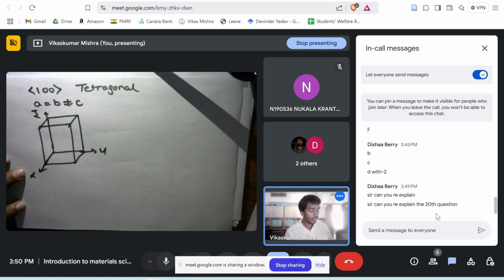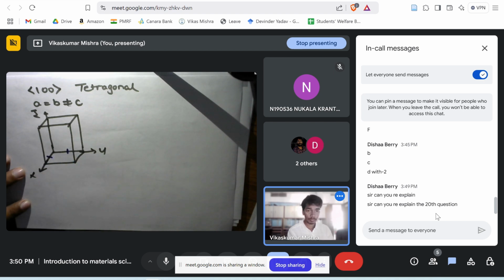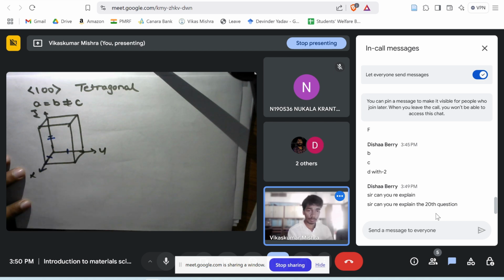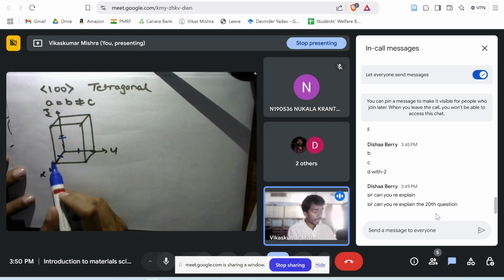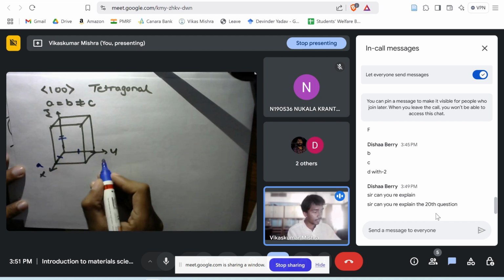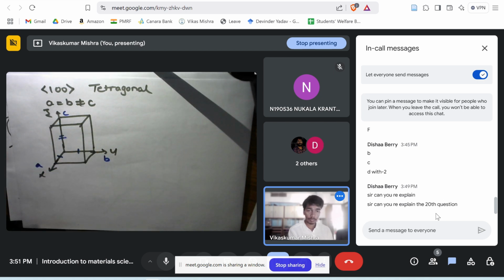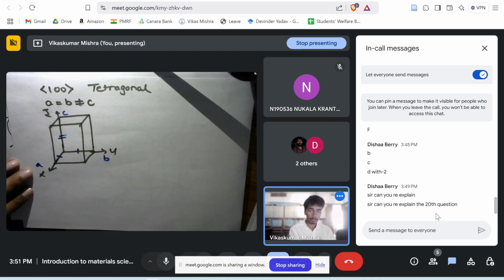Since A is equal to B, this length and this length will be equal with each other, while this one is something different. So we can say that A and B are equivalent with each other, but C is not equivalent. Why is it not equivalent? C has a length which is different from A and B.